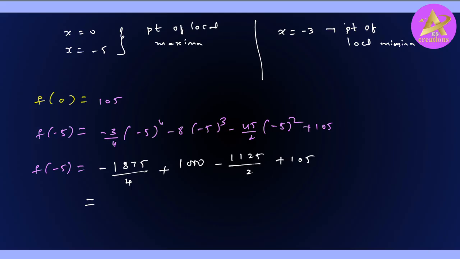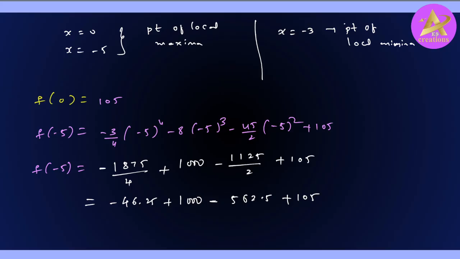We want to simplify all these values. Directly dividing, 1875 divided by 4 gives minus 46.25, plus 1000, minus 1125 divided by 2, which is 562.5, plus 105.